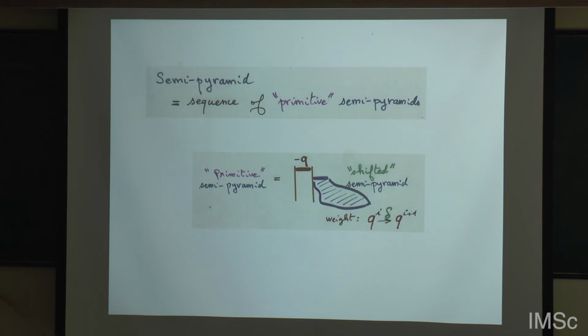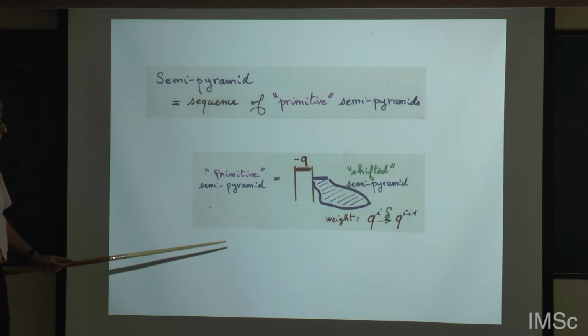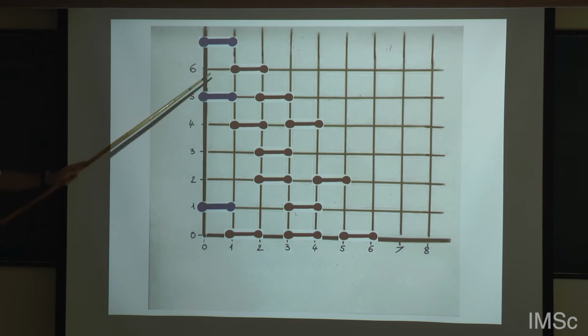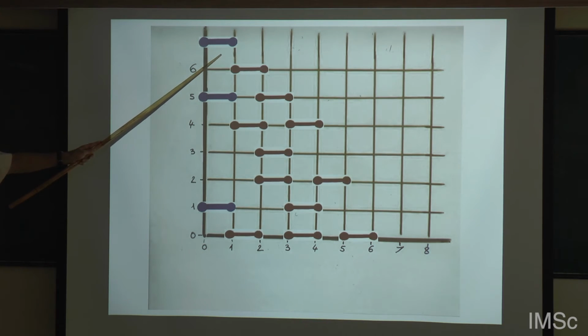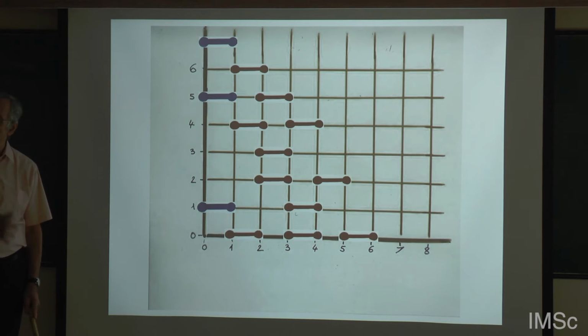A semi-pyramid can be decomposed into a sequence of primitive semi-pyramids. What does primitive semi-pyramid mean? Primitive semi-pyramid means that below the maximal piece, there is nobody. Below the blue cell, a primitive semi-pyramid, the first column is empty, there is only the maximal piece. And a semi-pyramid can be uniquely decomposed into a sequence of primitive semi-pyramids.